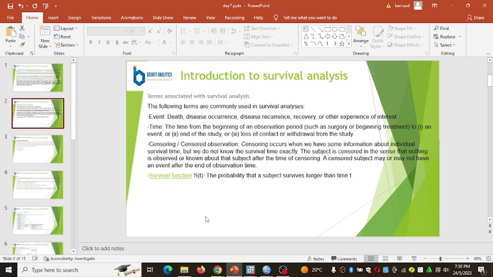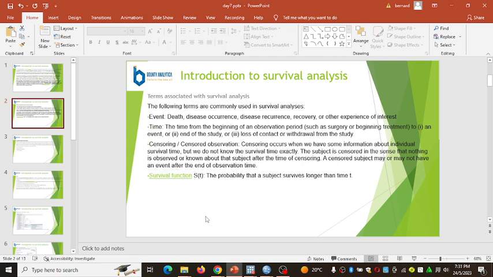The aim of survival analysis is to understand the time it takes for this event to happen. For example, through survival analysis, I can estimate the disease recurrence based on the history of the patient. That is what we mean by event.